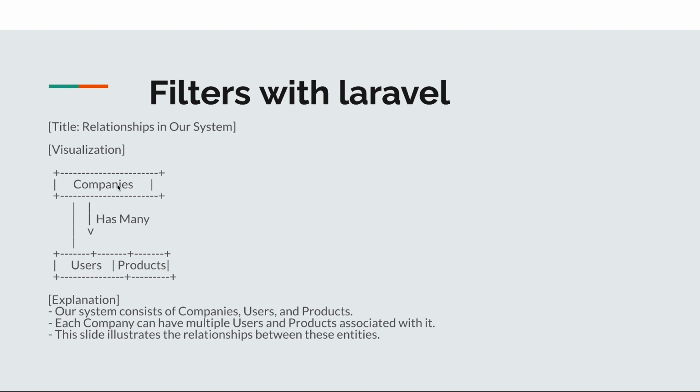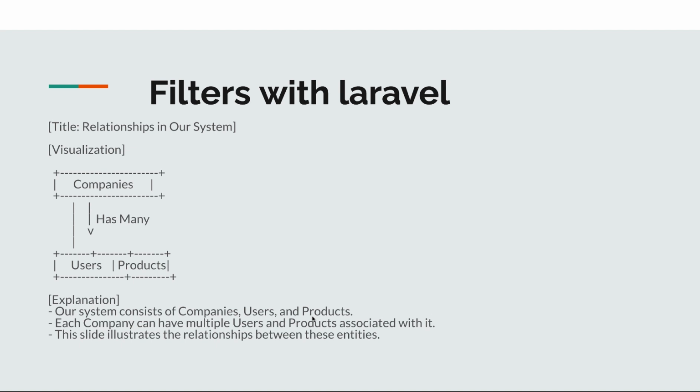So we have a table here called company, and a user can belong to a particular company and product also belong to company, and the company has many users and they have many products. So our system consists of company, users, and product, and each company can have multiple users and multiple products associated with it.